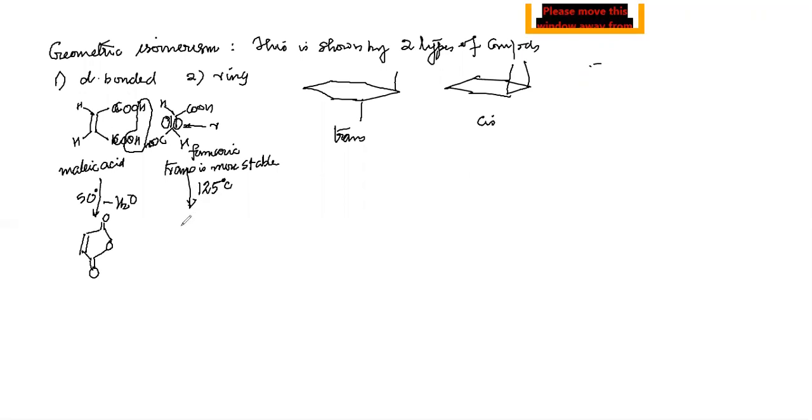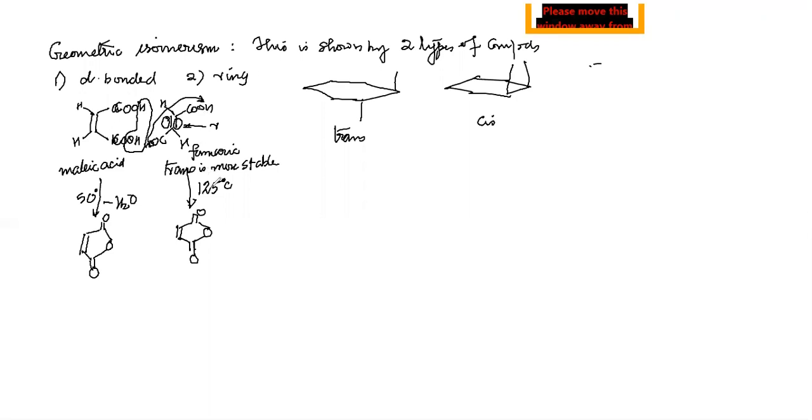Only then it will form the same compound here. Because it is not possible to form a bond from here to here. It is too far away. So what must be happening?